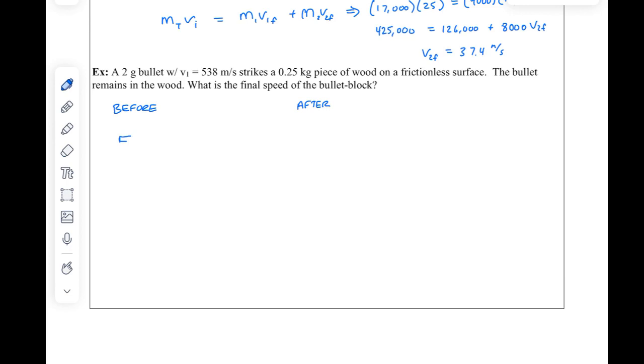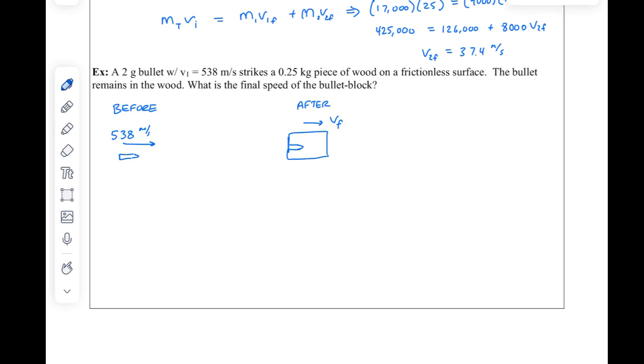So before, there's my little bullet, and it's moving pretty fast at 538 meters per second. I should draw this with a little bit more space. There's my bullet, 538 meters per second. Afterwards, it is embedded, and I don't know what its final velocity is.